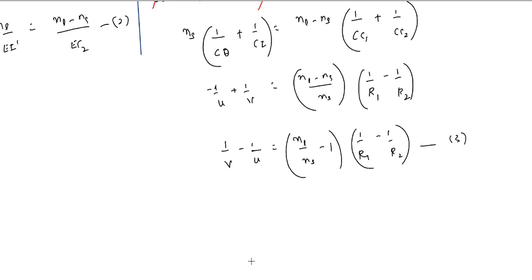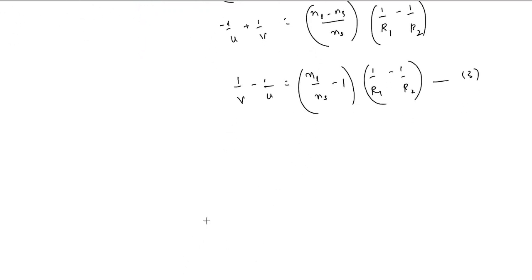Now recall what was focus defined as. By definition, to define focus we took u tending to infinity. So if u tends to infinity, then the point where image is formed would be the focus itself, and in this case v becomes f.